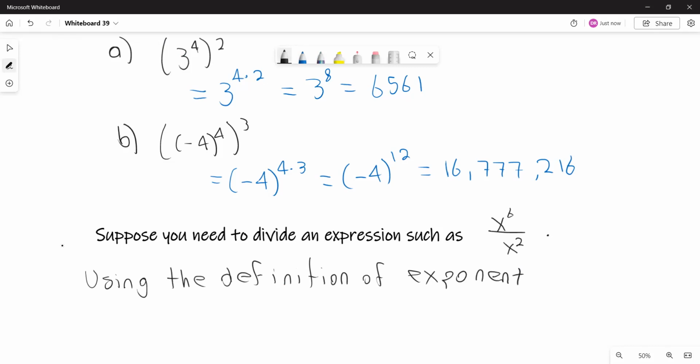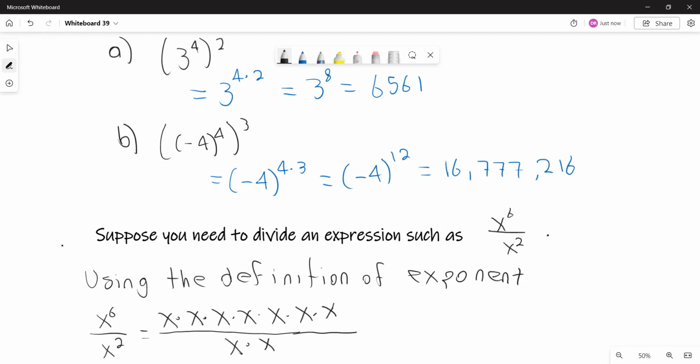X to the sixth is x multiplied 6 times, and x squared is x multiplied twice. We can cancel a couple of x's.